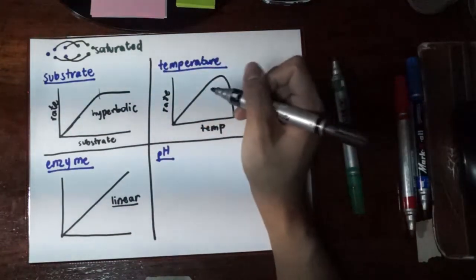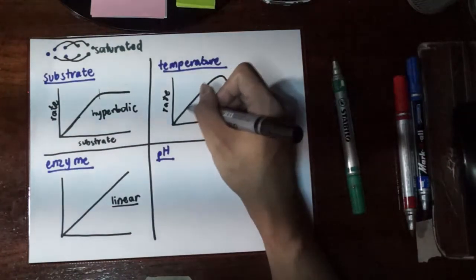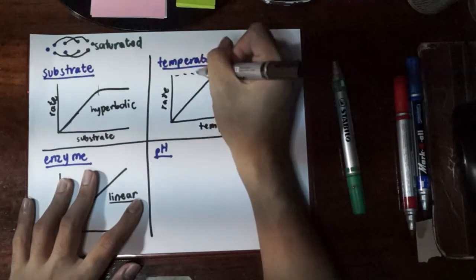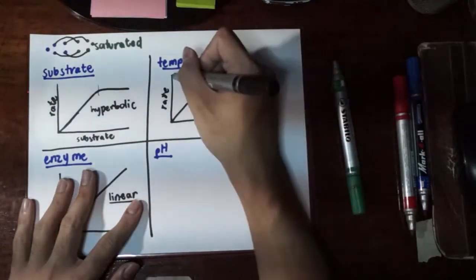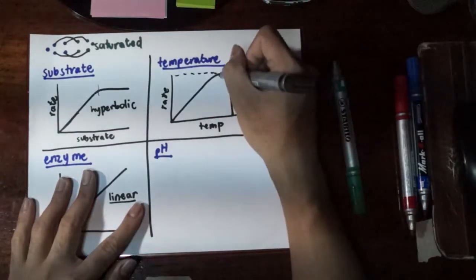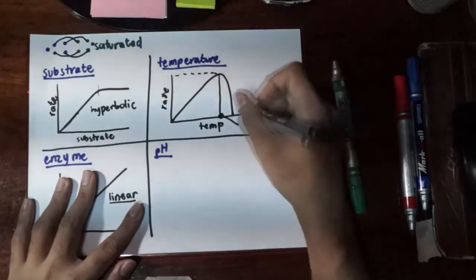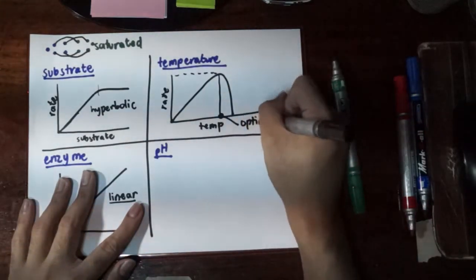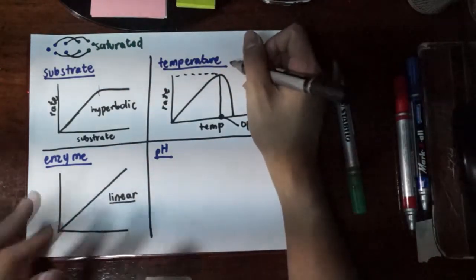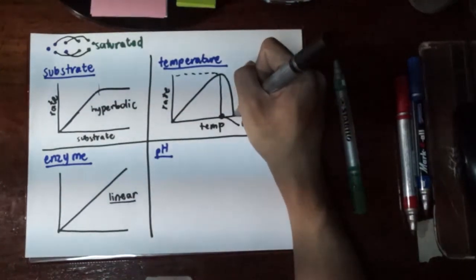Alright? But as you continue to increase the temperature, the enzymes become activated until they reach this certain point. And when you get the maximum velocity at this particular temperature, the temperature that corresponds to this maximum rate would be called the optimum or the optimal temperature, because as you increase the temperature from that point on, the rate would go down and even crash.